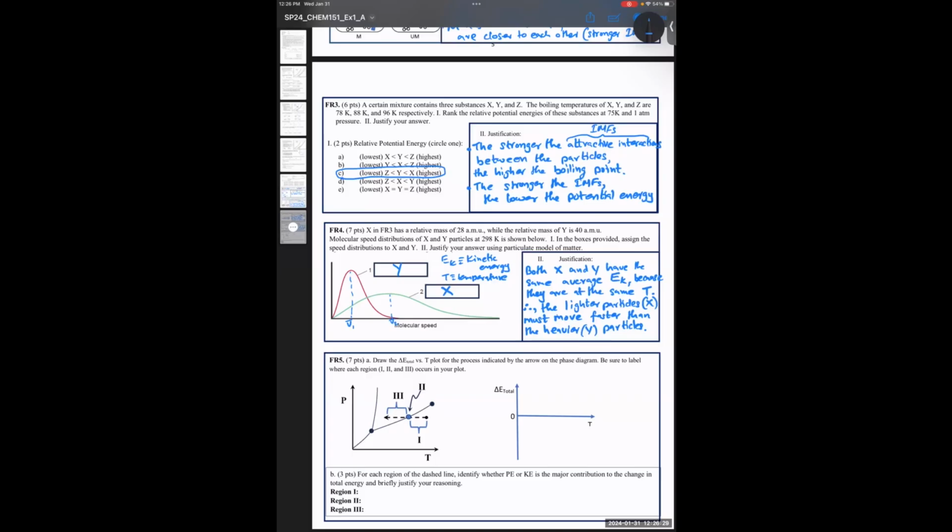Okay, that's it. All right, so let's explain that, and this is coming from the particular model of matter or the kinetic energy.